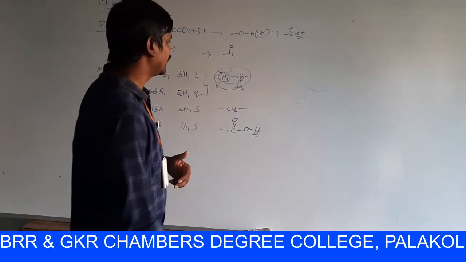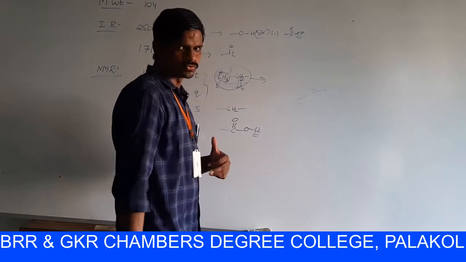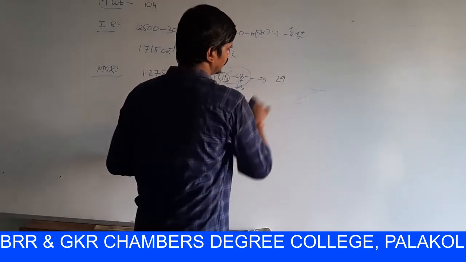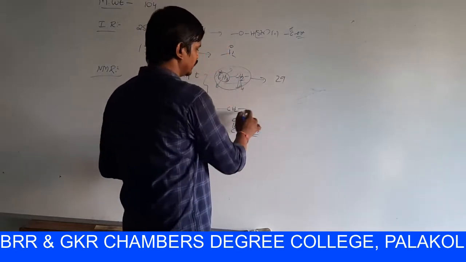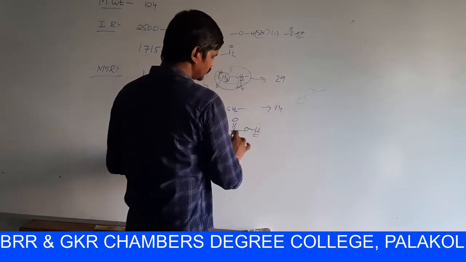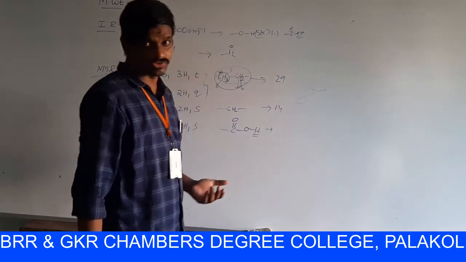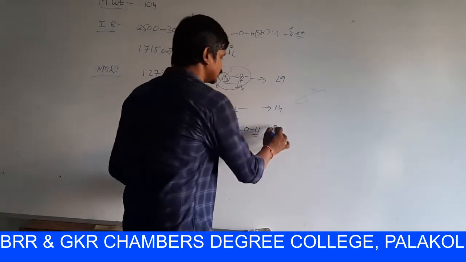So we just have to add the molecular weights of these groups. CH3CH2 is 29 because 15 plus 14 is 29, and CH2 is 14, and the molecular weight of COOH is 45.